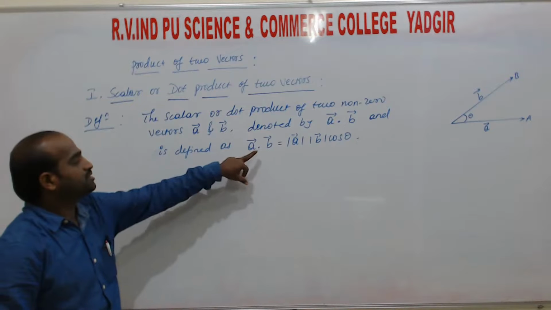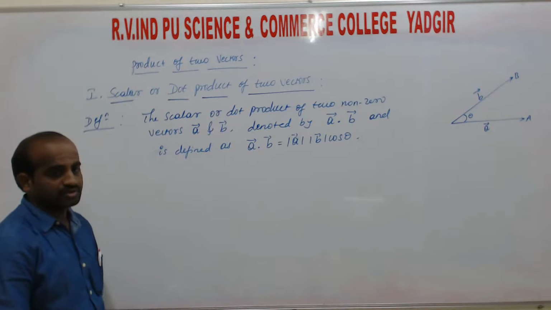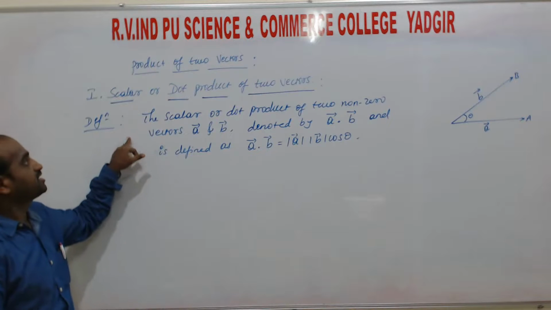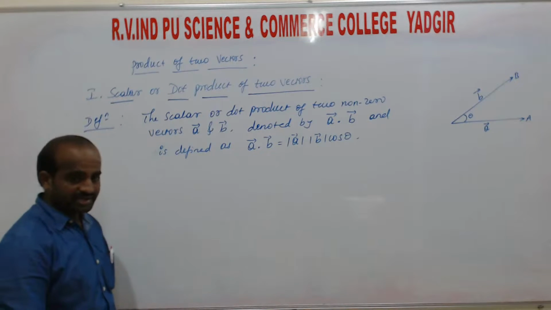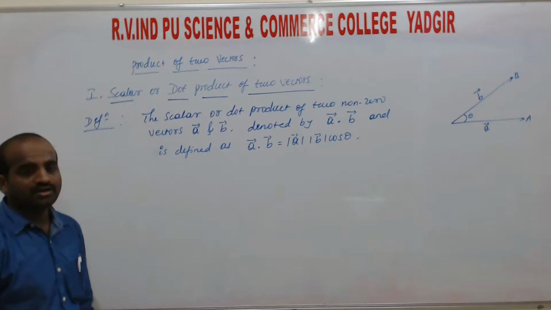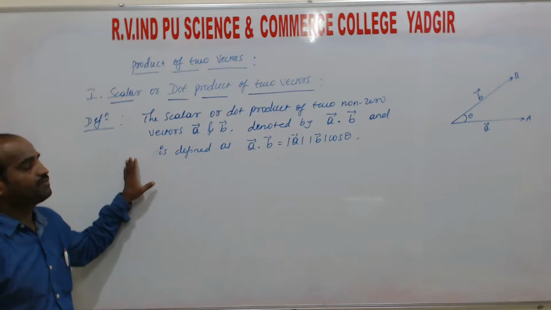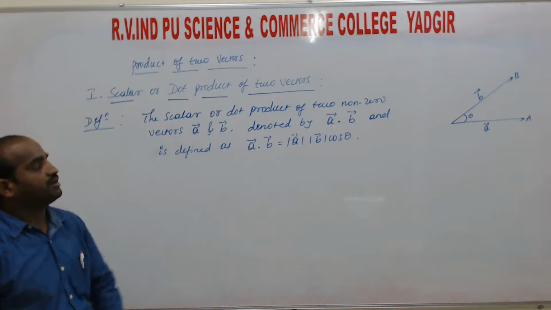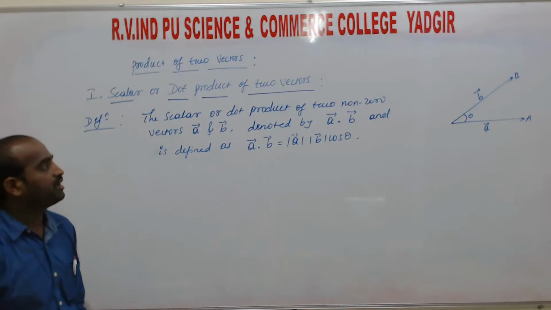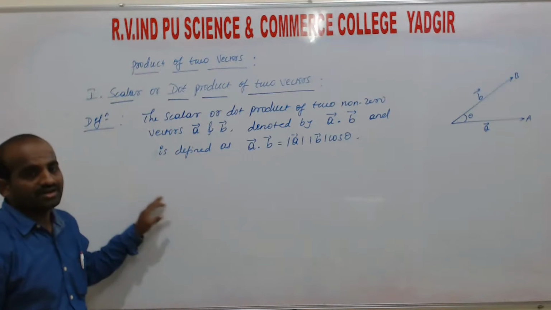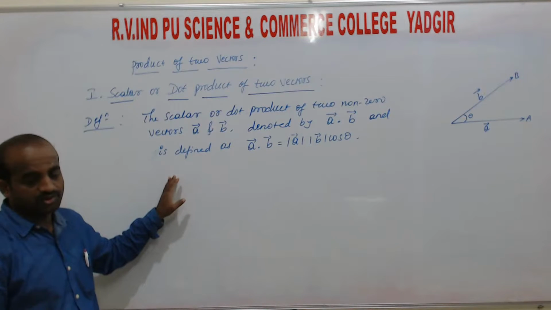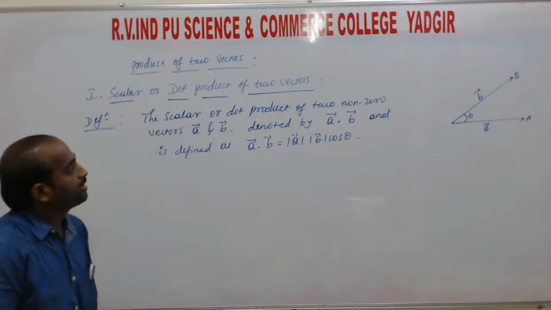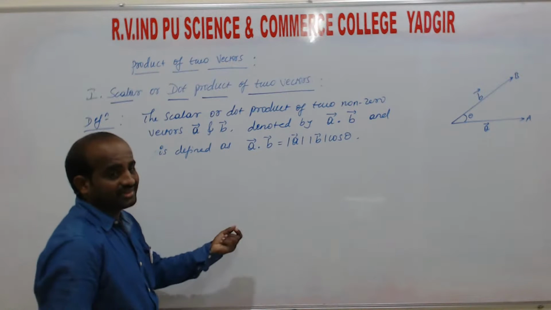We use cos theta in dot product because the distance is covered along one axis or in the direction of force, and there is no need for a perpendicular axis or sin theta.